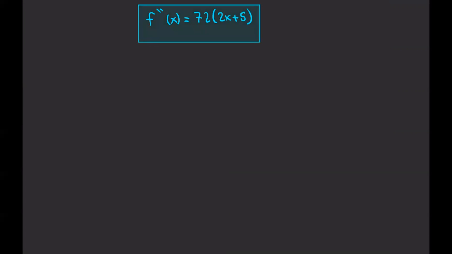And so if we want to find where it's concave up and concave down, sometimes you'll see people just write CU and CD, but that's totally fine. I'll know what you mean. So for concave up, we're going to set that second derivative greater than 0. For concave down, we set that second derivative less than 0.